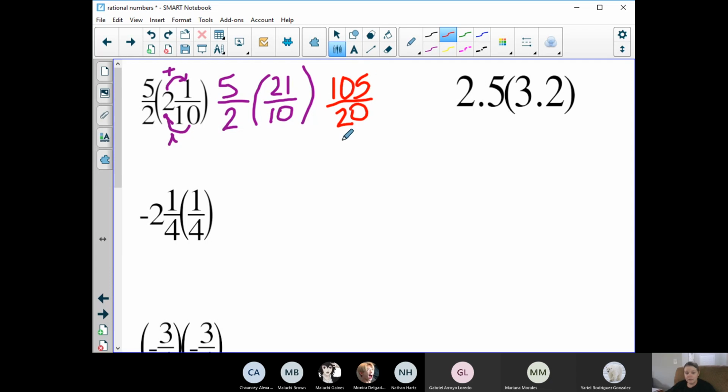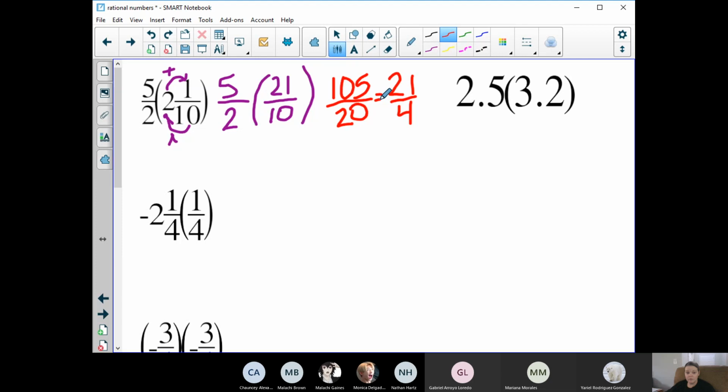And we can leave it like this, or we can simplify it down. So I know that 5 is going to divide evenly into both of these. 105 divided by 5 would give me 21, and 20 divided by 5 is 4.